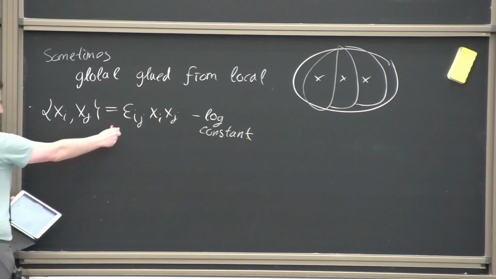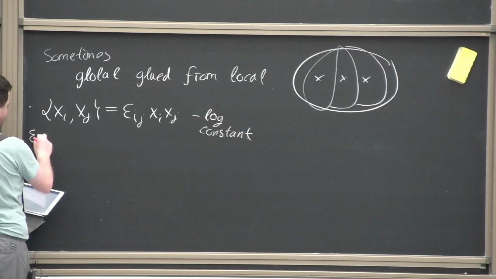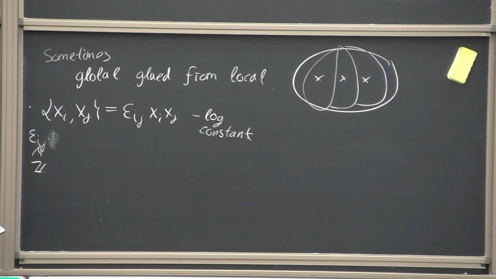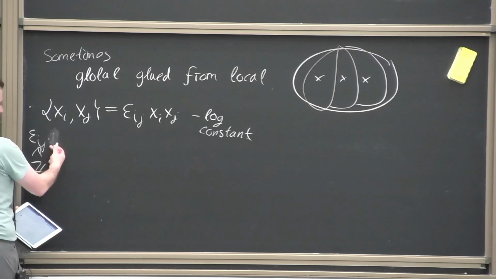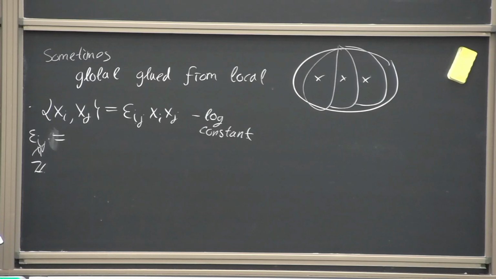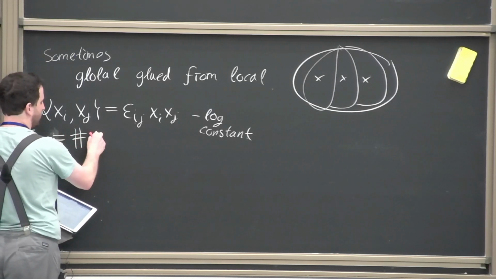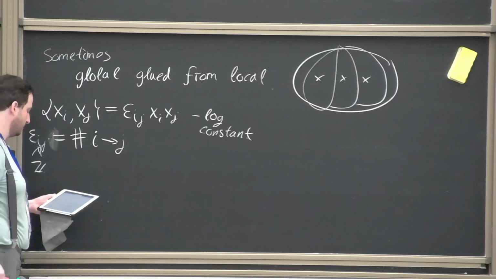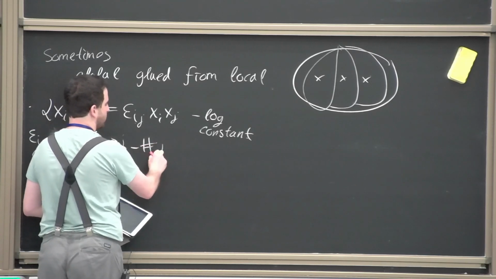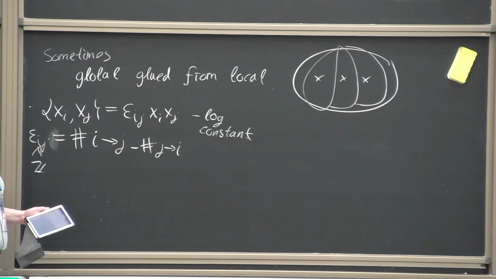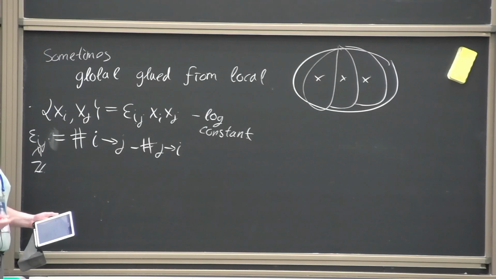Moreover, these numbers epsilon_ij are integers, and therefore can be interpreted combinatorially as the adjacency matrix of some oriented graph. So we can think about epsilon_ij as the number of arrows from vertex i to vertex j minus the number of arrows from vertex j to vertex i.